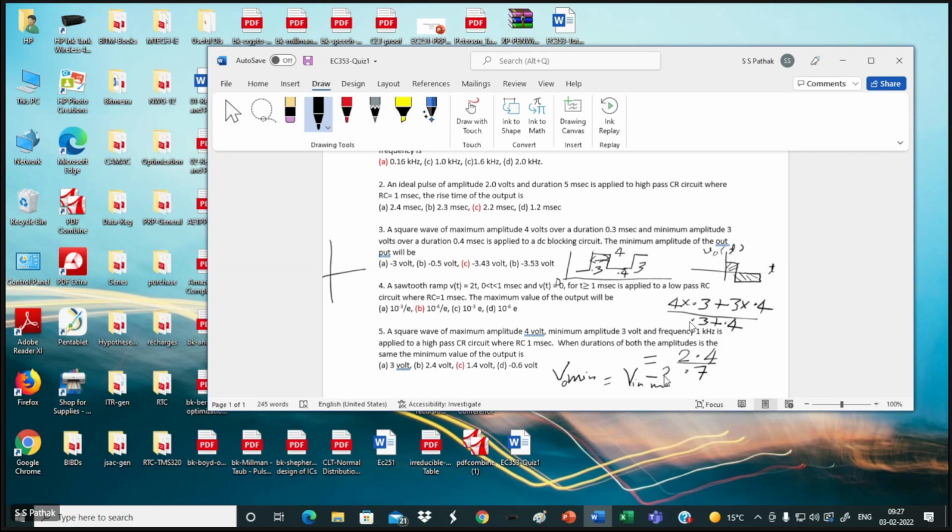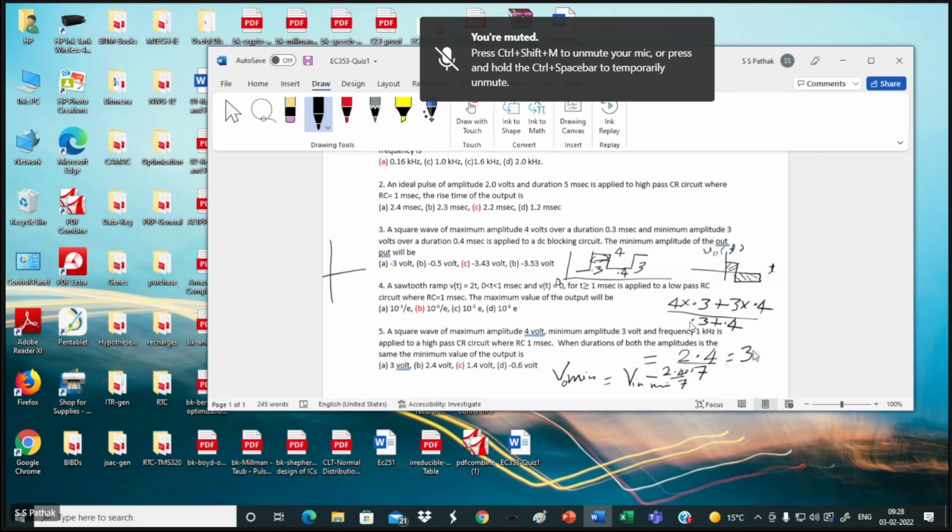The maximum amplitude of the output will be 4 minus 2.4 by 0.7. Sorry, it's 0.7. So it is how much? 24 by 7, sorry, 3 point.